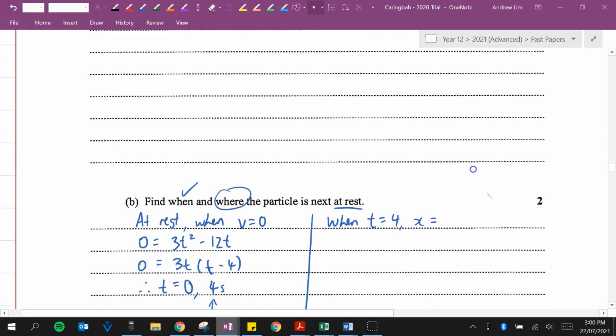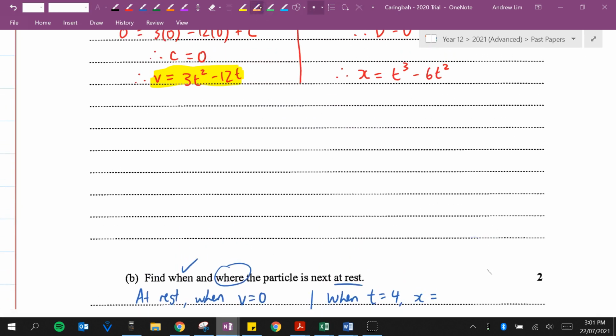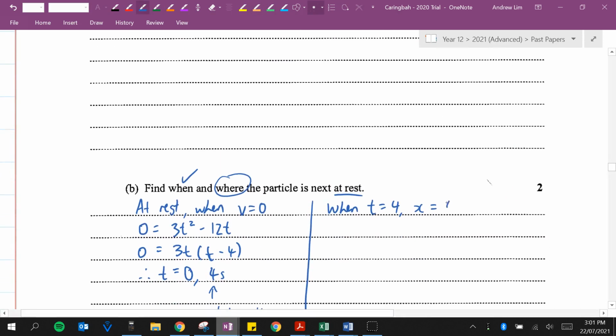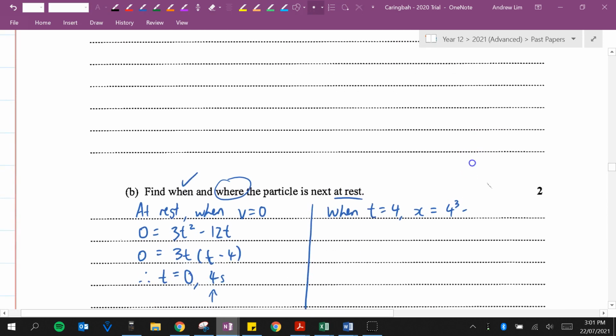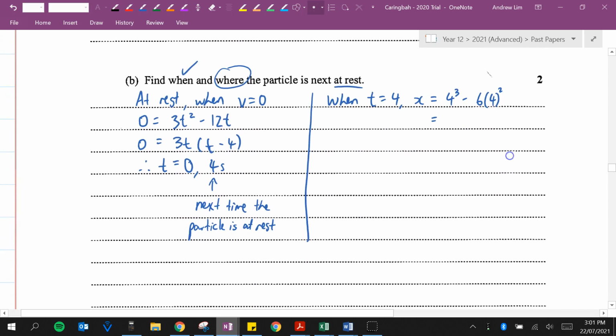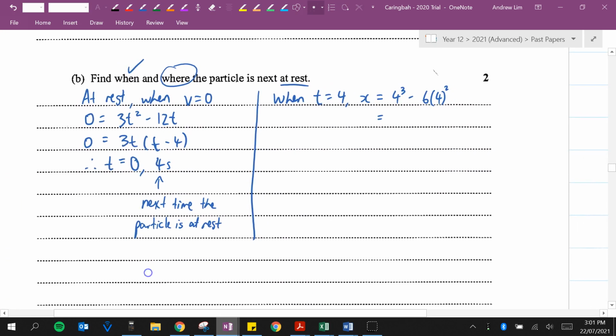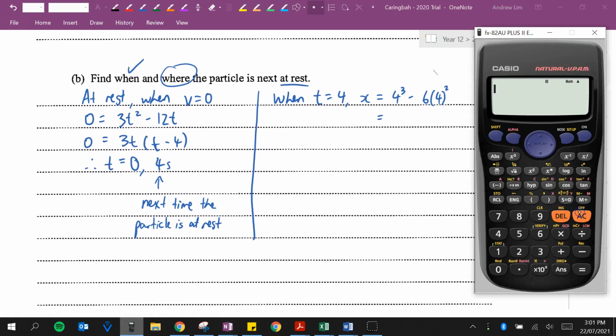So we can sub that into this equation and see what we get. 4 cubed minus 6 lots of 4 squared. Negative 32.